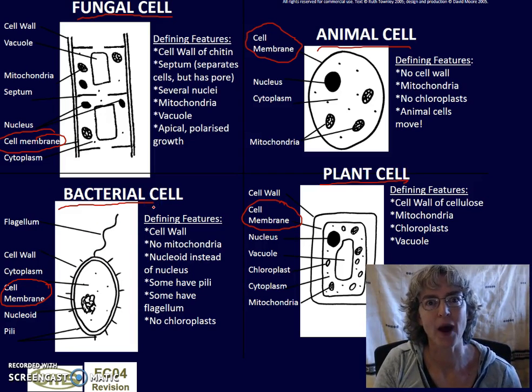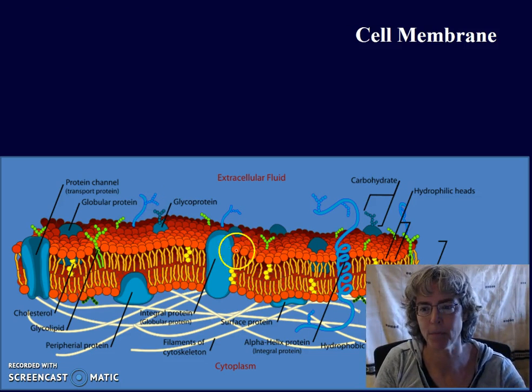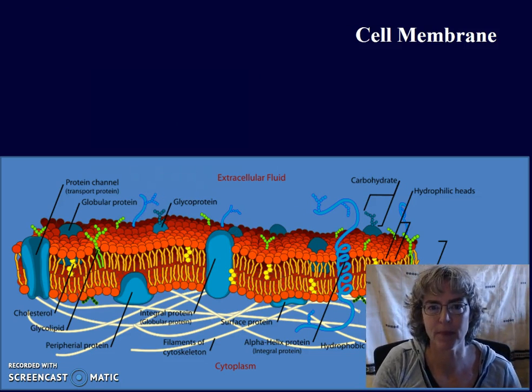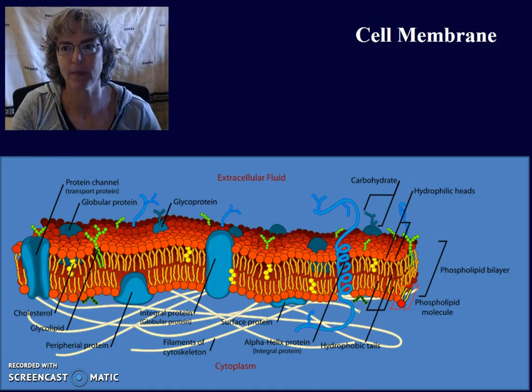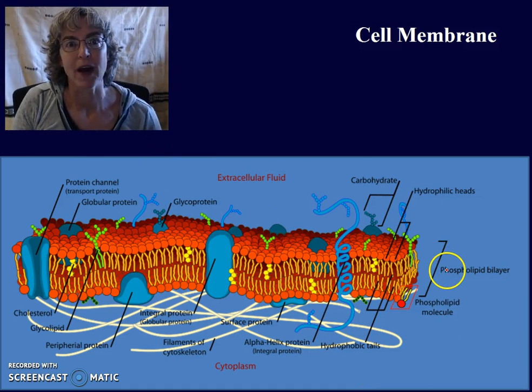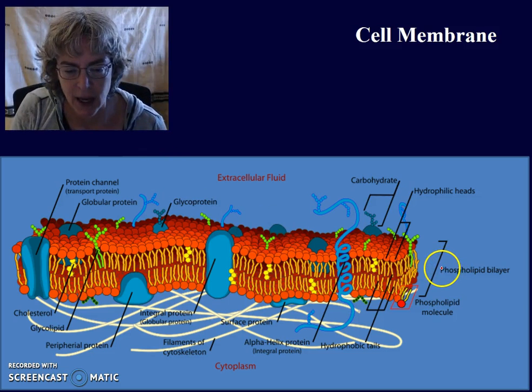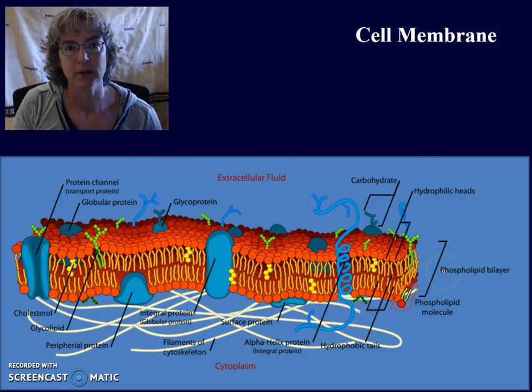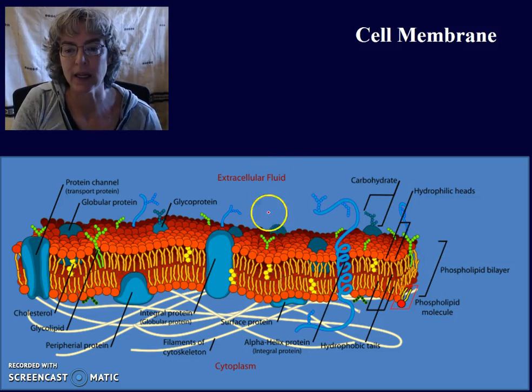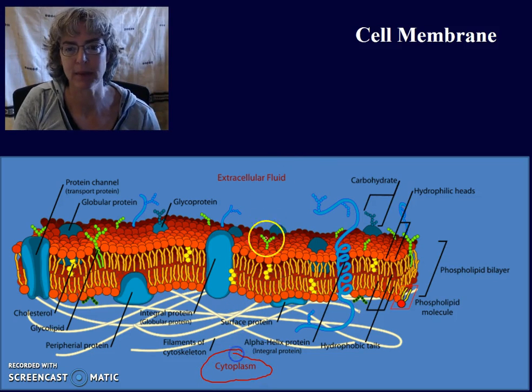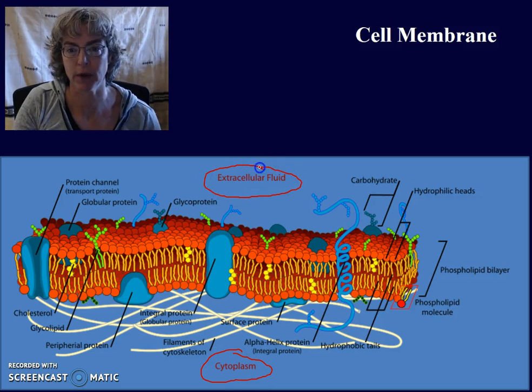Okay, so what is a cell membrane? So cell membrane is a boundary between the inside of the cell, the cytoplasm, and the outside of the cell, so extracellular fluid.